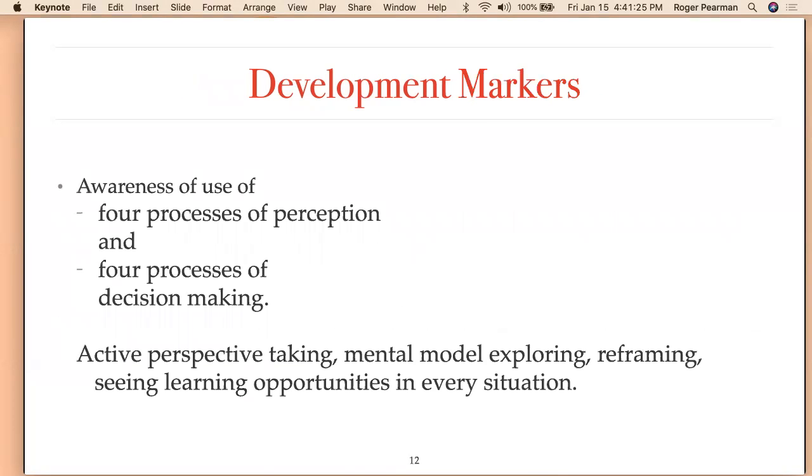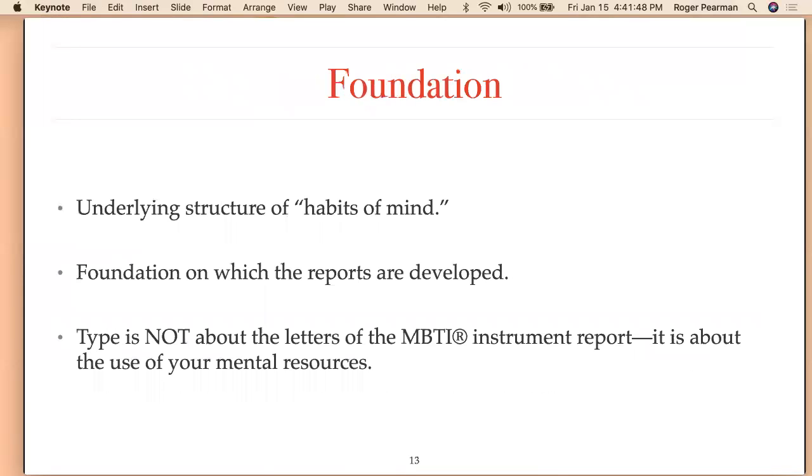We know that developmentally speaking, when it comes to type, there are four processes of perception, which we can expand, and four processes of decision making, which we can enrich. And by actively taking perspective on these four, we're able to explore them, reframe them, and integrate them into our lives to use them in as many situations as possible.